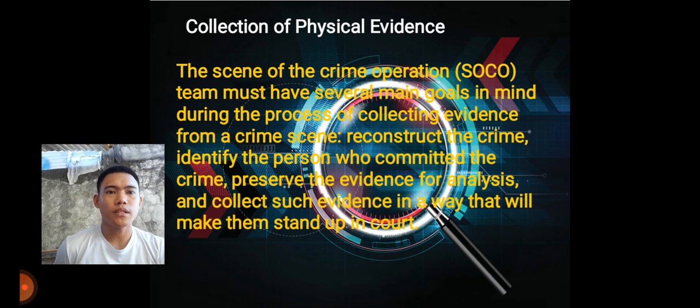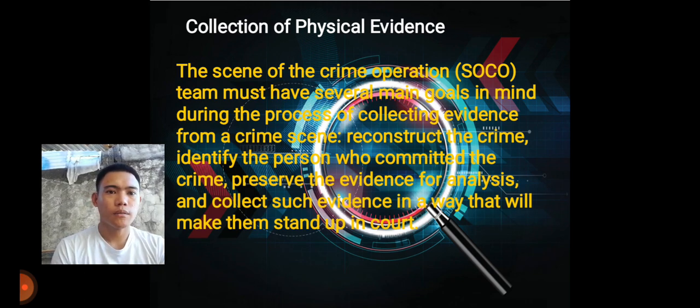Collection of physical evidence. The scene of the crime operation or SOCO team must have several main goals in mind during the process of collecting evidence from the crime scene. Kibali, ang SOCO gud ang pinaka number one na mag cover ng crime scene.